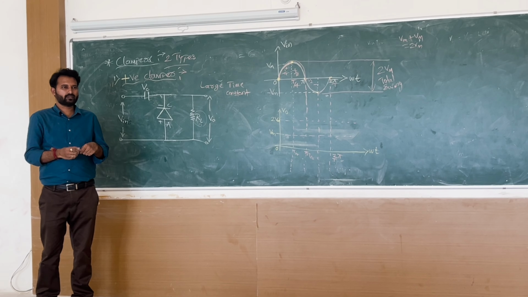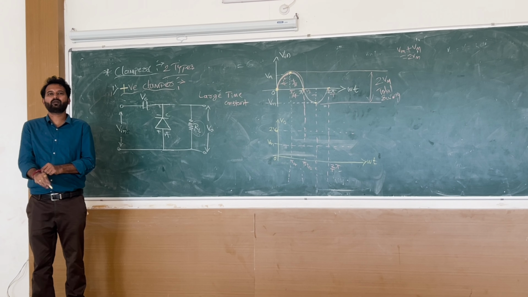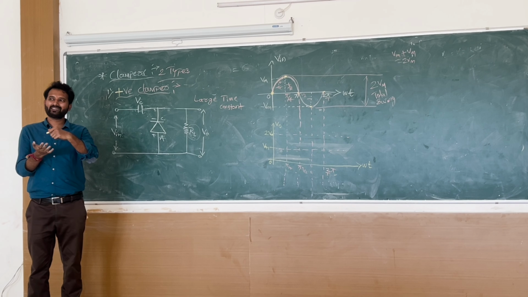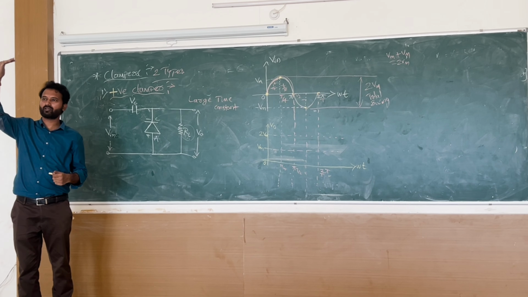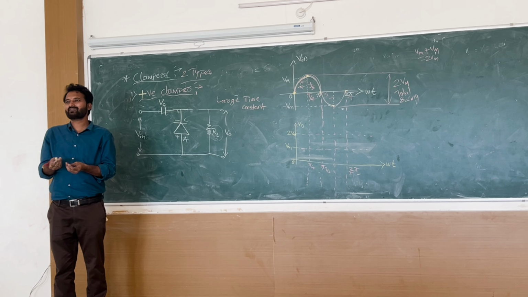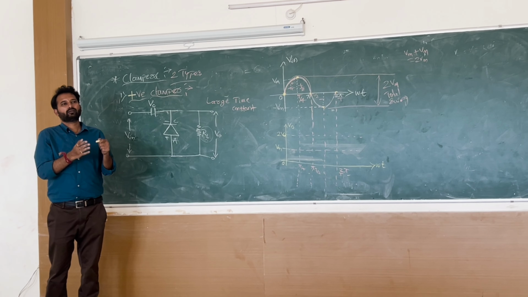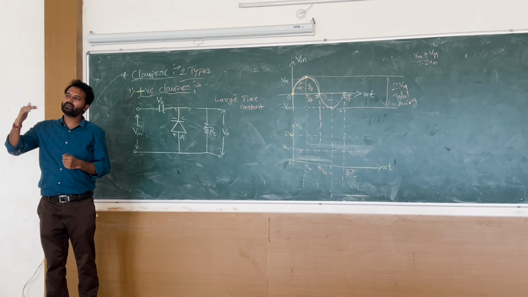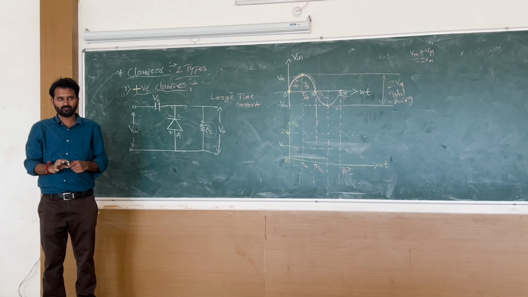The second type is positive clamper. So what will you understand by positive clamper now? You will add a DC level, but your input will be shifted to the positive portion. Same thing: adding a certain DC level to your AC input, and your input will be clamped to the positive portion of the input waveform.